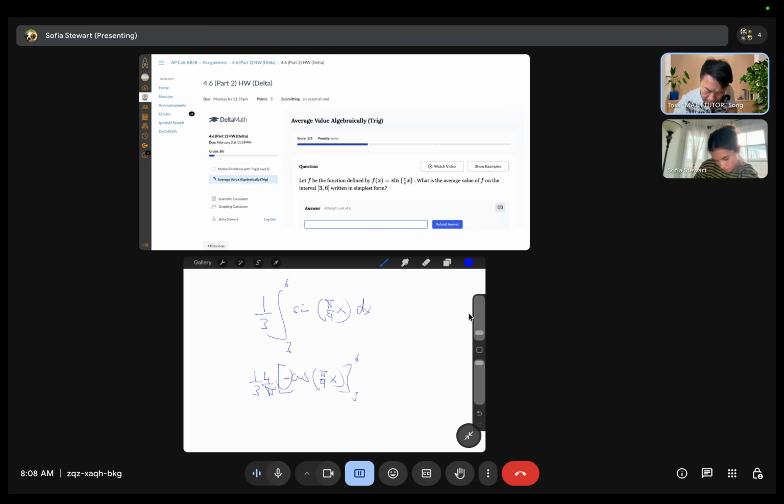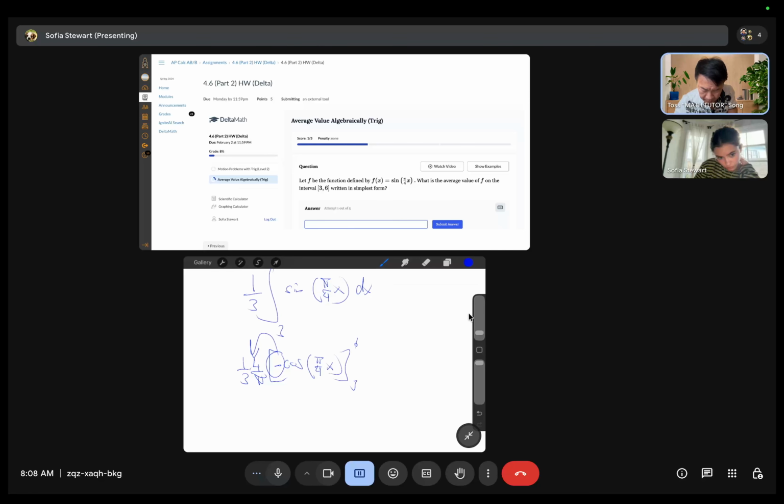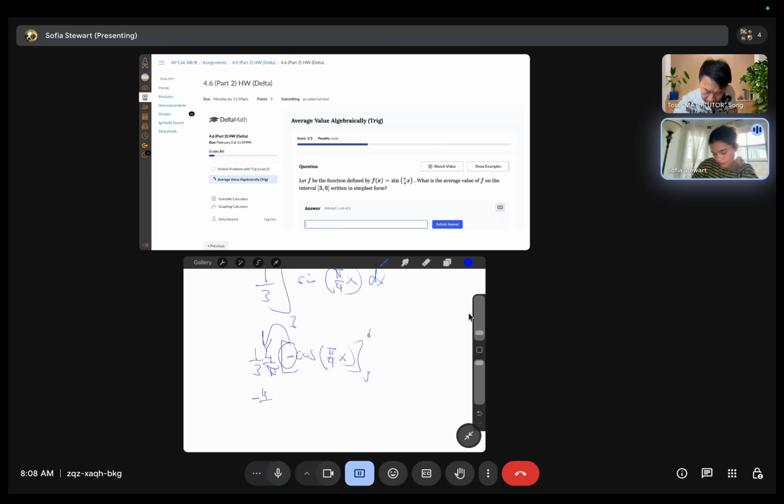But again, I'll take the negative out here. So it'll be negative 4 over 3 pi. And evaluate that. Let's substitute that in right away, times 6 minus times 3.